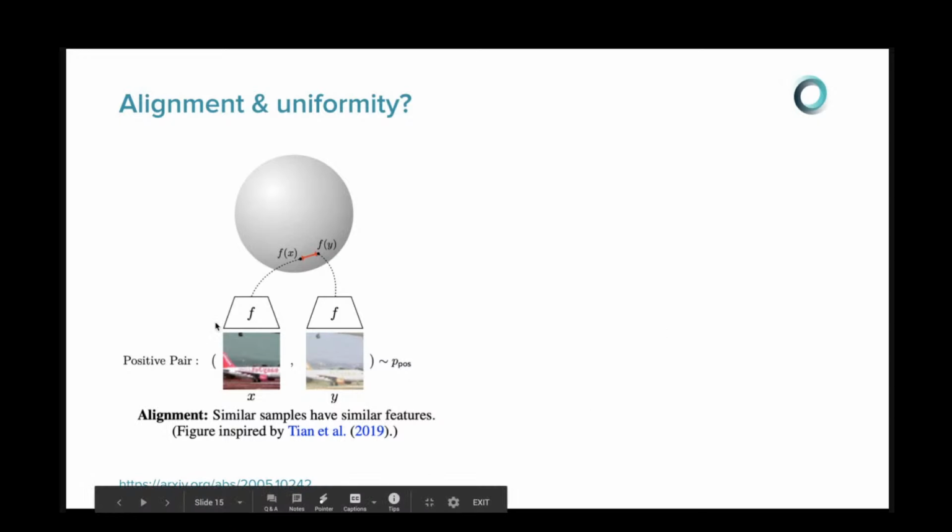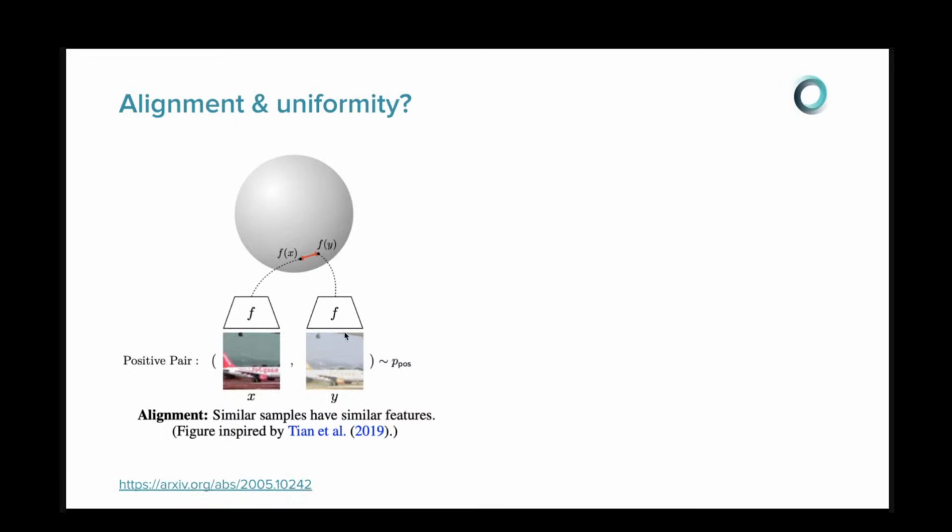The alignment means that if you put in similar images, like the airplane here, the same image but with different data augmentation, you want the vector embeddings to lie very close together on this hypersphere, because in the end it's the same picture, just presented a little bit differently. So they should map to a very similar vector.